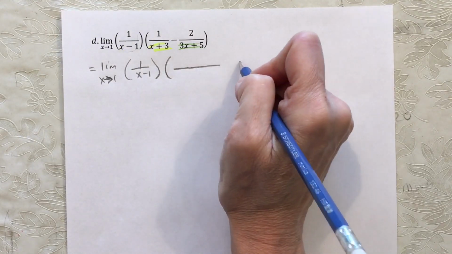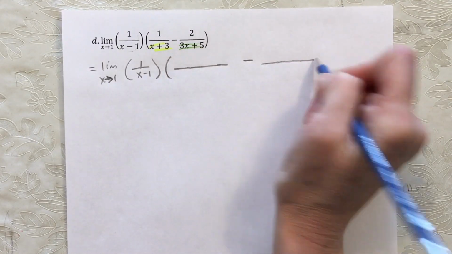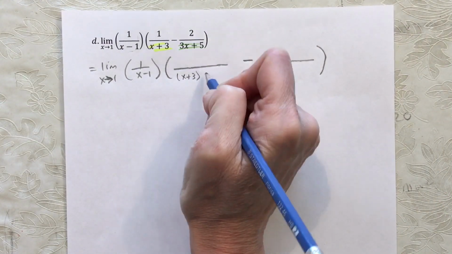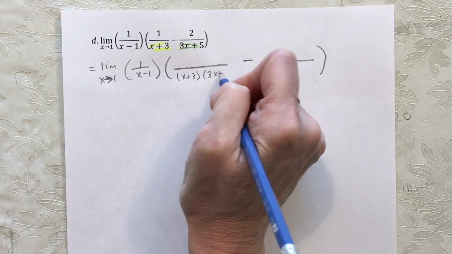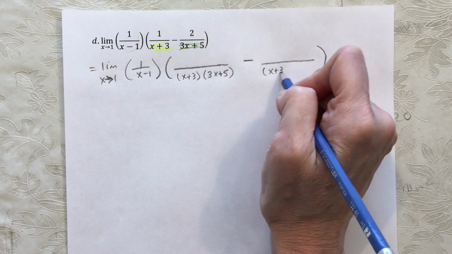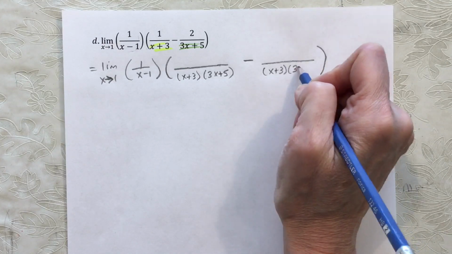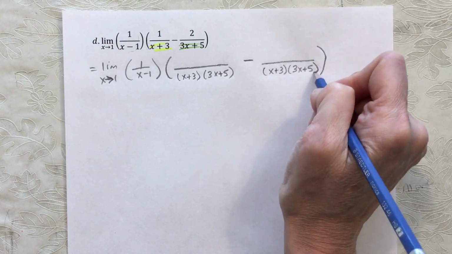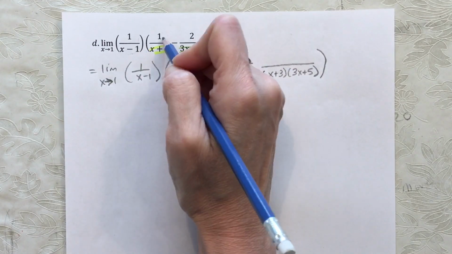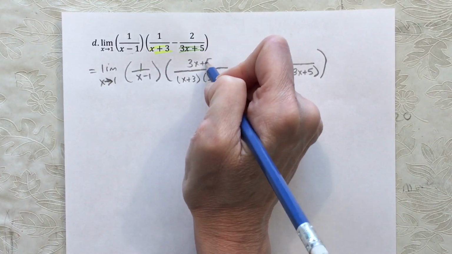So within this bracket then, I'm going to have this common denominator. You can see why we did simplifying rational expressions in grade 11, so that you would be able to handle the algebra of subtracting these. So here I had to multiply the bottom by 3x plus 5, so I have to multiply the top, which is just a 1, by 3x plus 5.